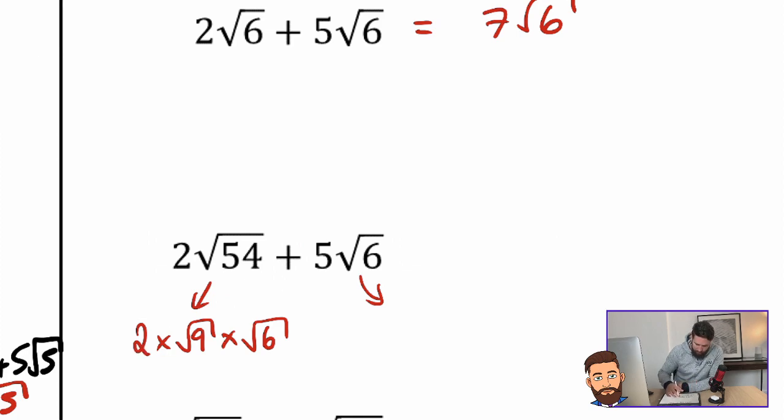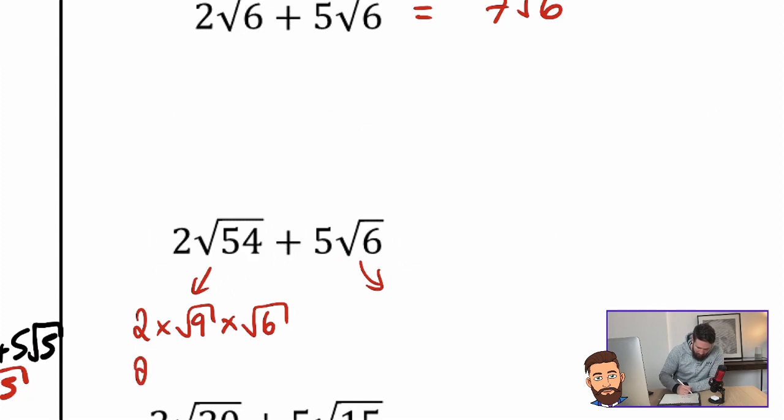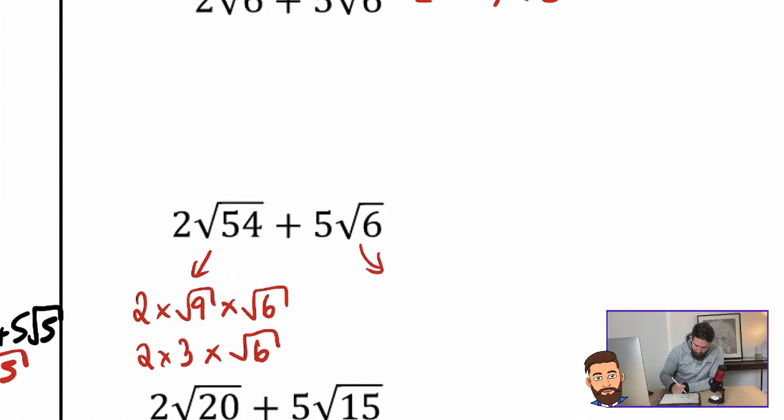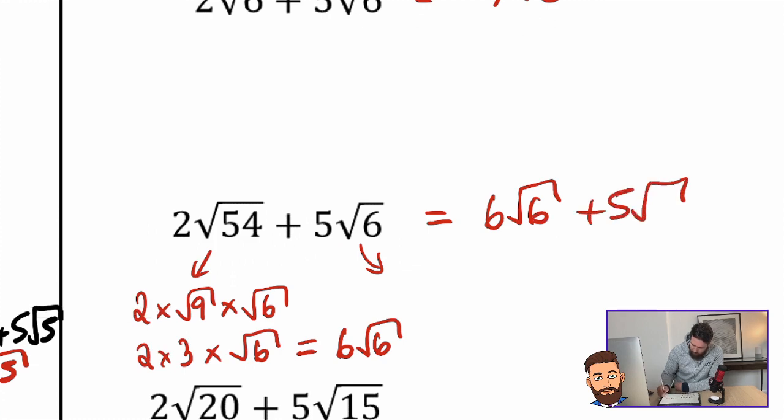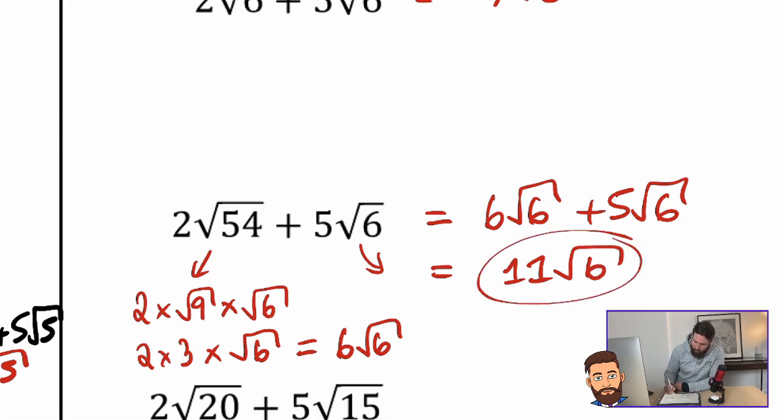Well, that's handy because the square root of 9 is 3, so we've got 2 times 3 times root 6, which will give you 6 root 6. So what we end up with here is 6 root 6 plus the 5 root 6, which will give us 11 root 6. And that would be your final bit for that.